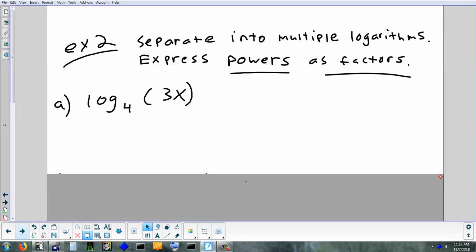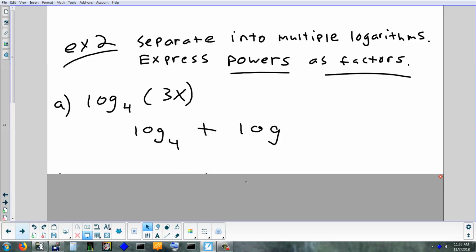Okay, so let's start with this one. Log base 4 of 3x. When I split it, would it be a sum or a difference? Sum, yep. It's going to be a sum. What's going to be the base on each log? Yeah, 4.